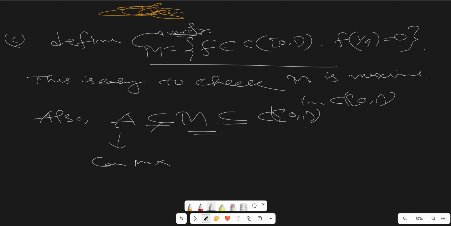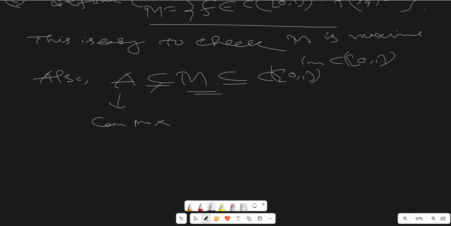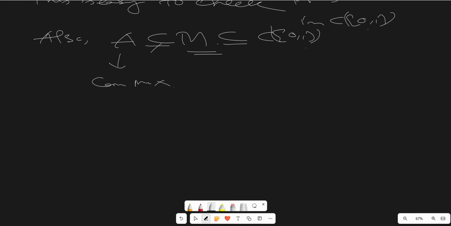First of all, M is an ideal, or A is contained in M, because see here, what is my point? Try to understand what is my M. See here, what is my A? A is all those functions inside C01 such that f of 1 by 4 equals f of 3 by 4 equals 0.